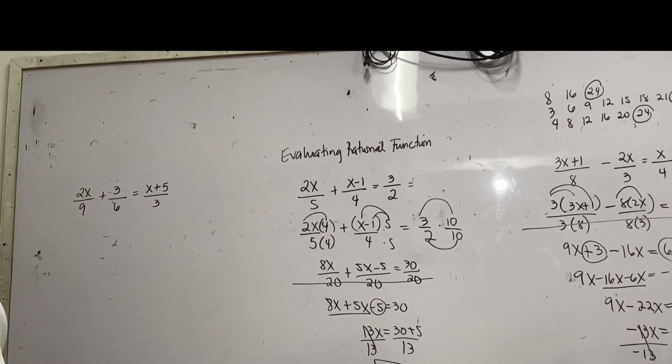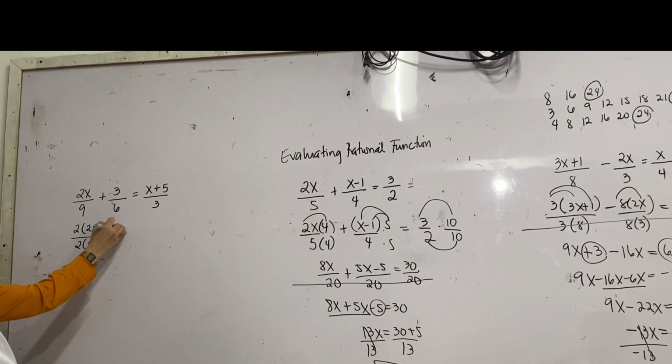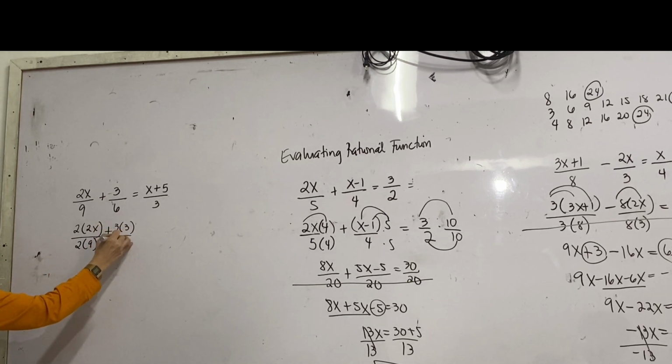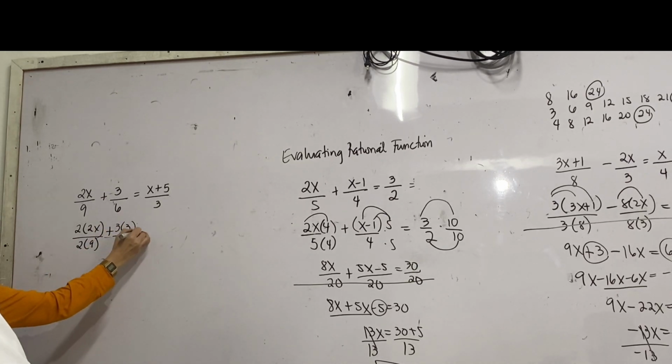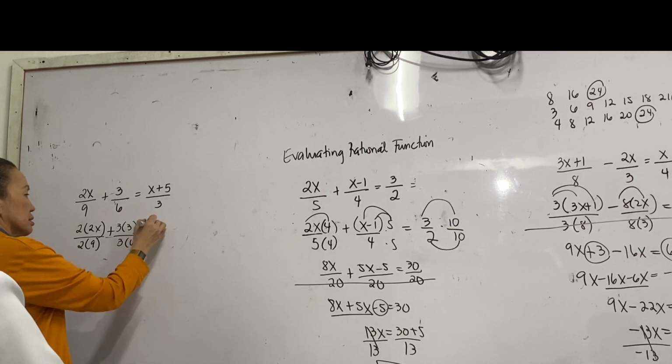Okay? So how we will make 9, 18? Up and down, multiply by 2. Plus, up and down, multiply by 3. Up and down, multiply by 6.